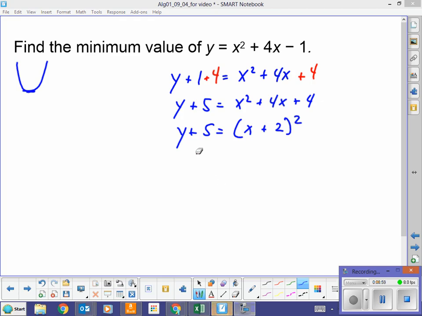I'm going to just subtract 5 from both sides here. So I'm just solving for y because that's all I need to do here. So y = (x + 2)² - 5.